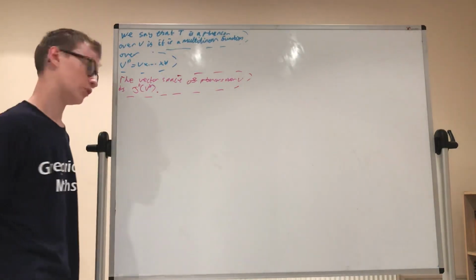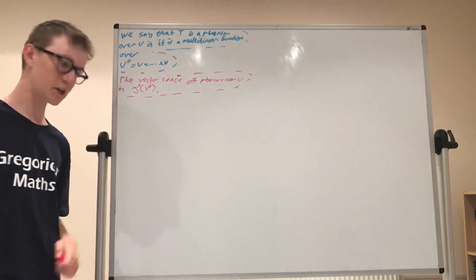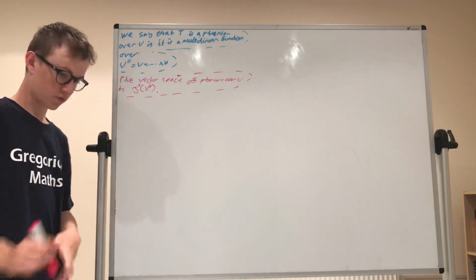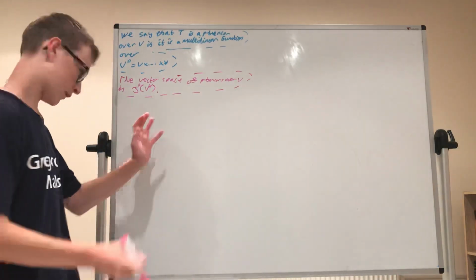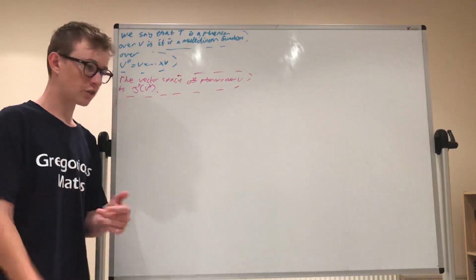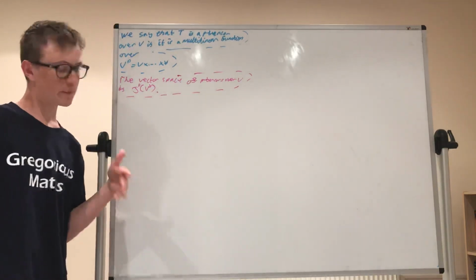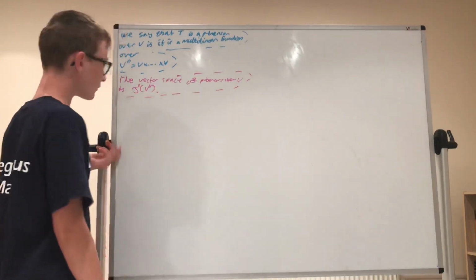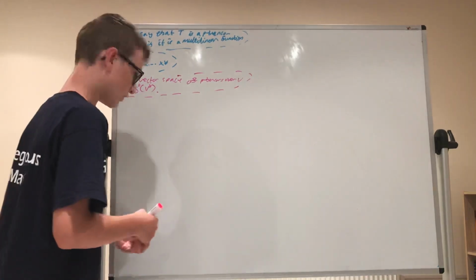And a natural question to ask is, can we combine two tensors into one? So given a p-tensor and a q-tensor both over V, can we have a p plus q tensor over V? Or basically, can we just construct a new tensor? And we do this very easily with the tensor product.